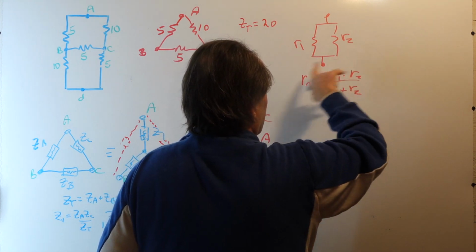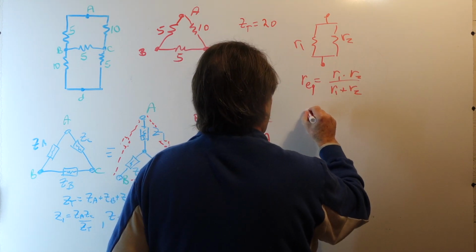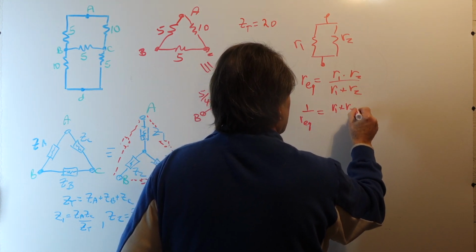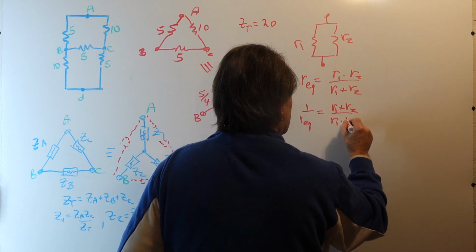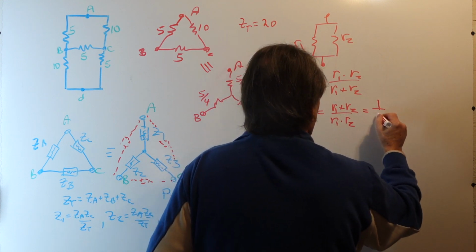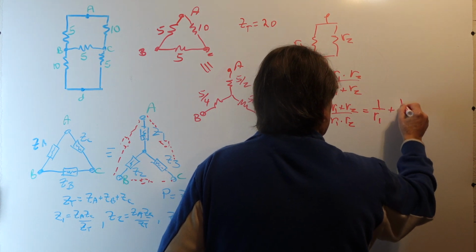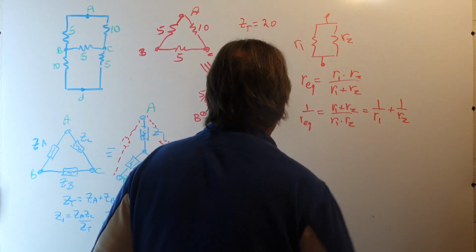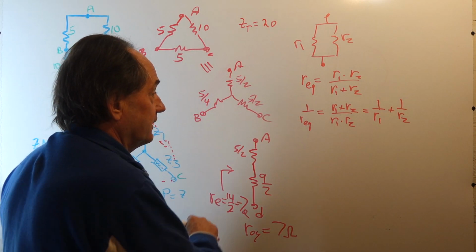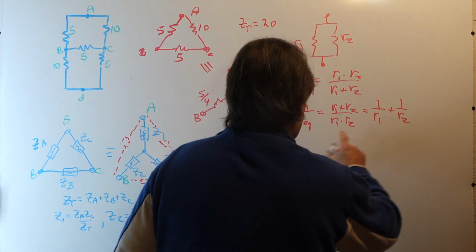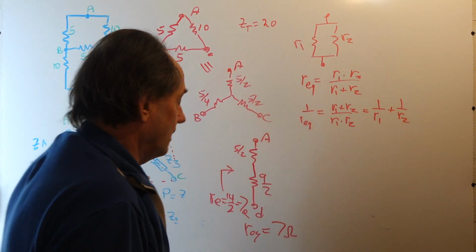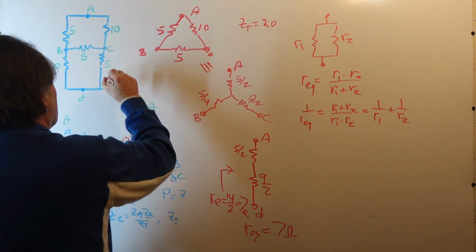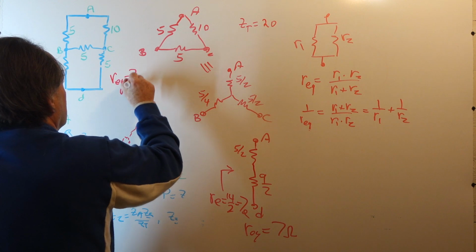The way I did it with the reciprocals, 1 over R equivalent is R1 plus R2 over R1 times R2, which is 1 over R1 plus 1 over R2. What we're doing is adding conductances when we do that, and that's what I did when I solved this. You can add the conductances and then take the reciprocal to get R equivalent. So we know now that the equivalent resistance is 7 ohms.